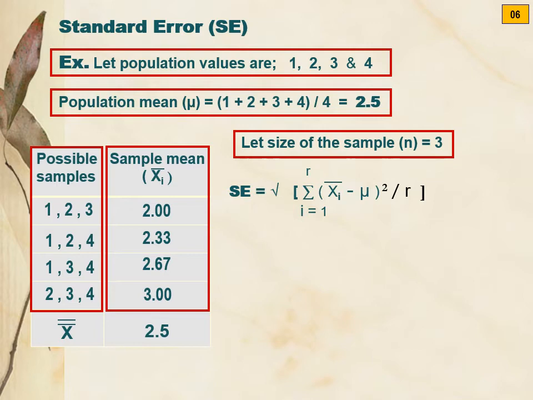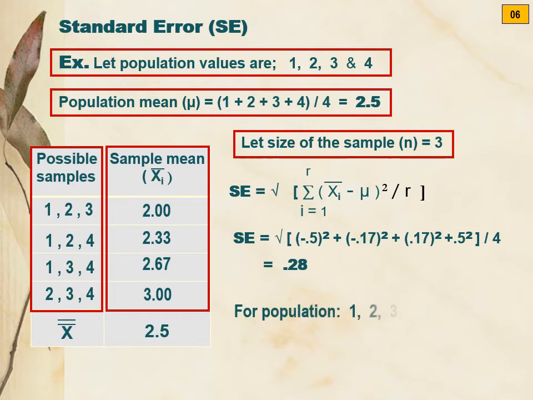Okay, now let us calculate the standard error here as we did there. So 2 minus 2.5 will be minus 0.5, 2.33 minus 2.5 will be 0.17, etc. And when you calculate, your SE will be equal to 0.28.